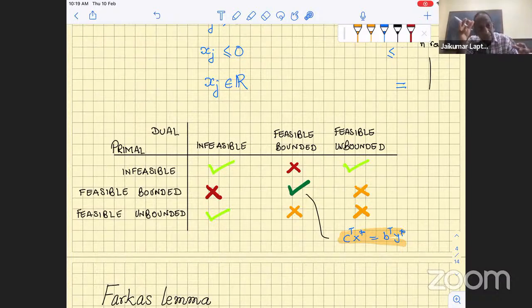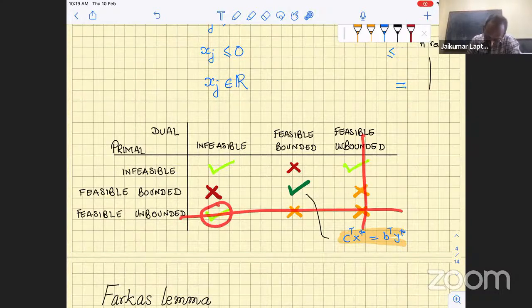But the fact that the primal doesn't have any upper bound implies that the dual doesn't have one. So if it is feasible and unbounded, then the dual cannot be feasible. So the only possibility is that the dual is infeasible. A similar argument applies here. So for these two rows, these are the only possibilities.